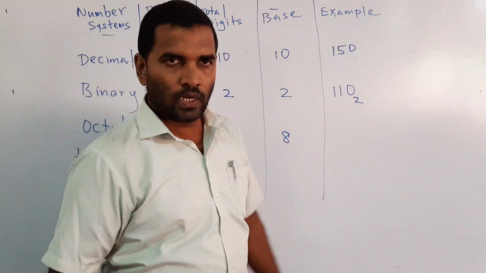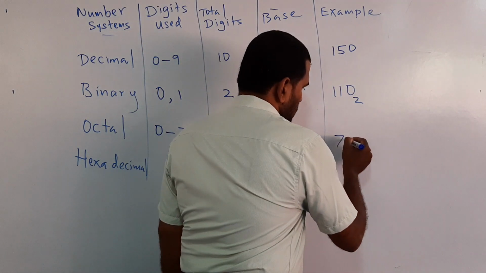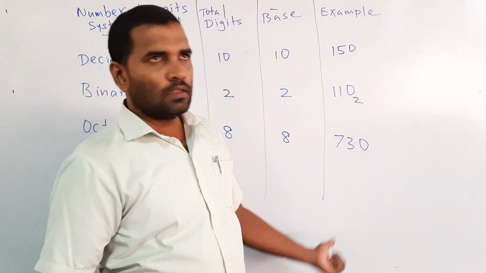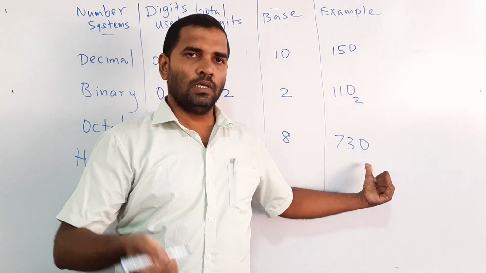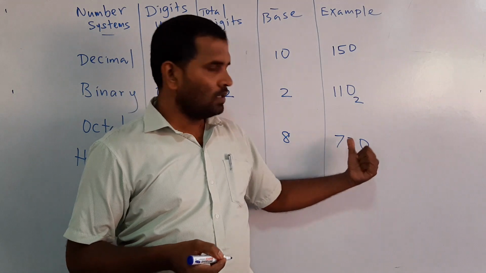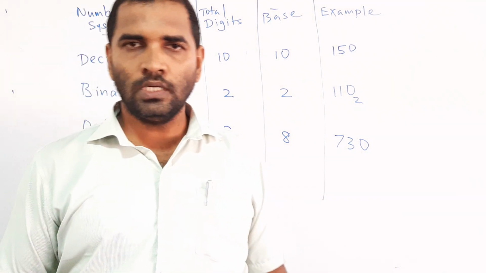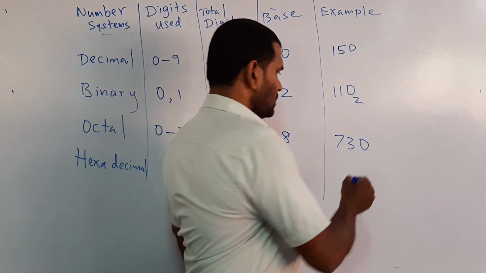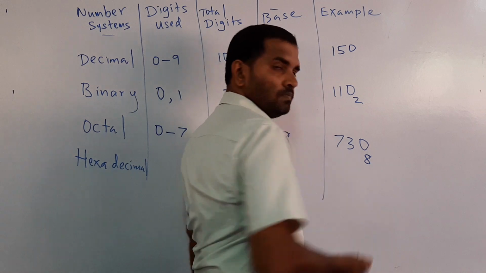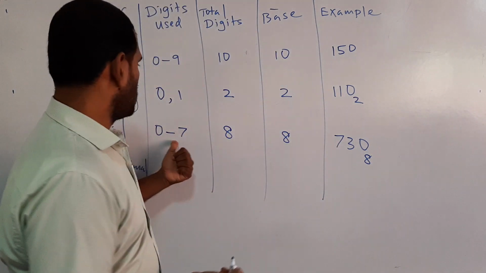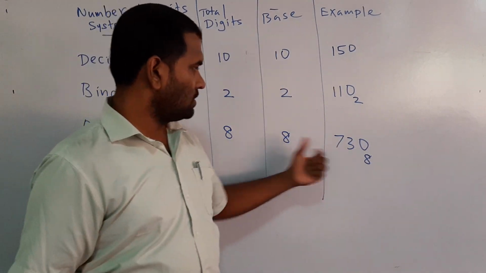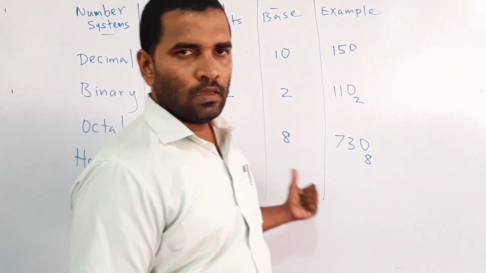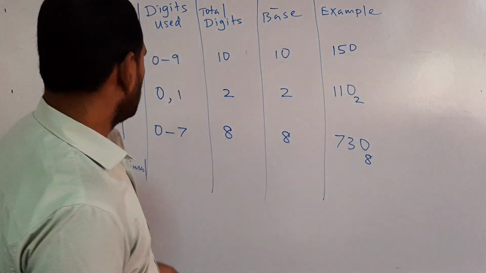Here also I can write one example. 730. Again, if I miss the base, if I forget to write 8 here, it will be read as 730 and it will be a decimal number. So here also make sure that you have 8 here. 7 is a digit, 3 also is a digit, 0 also a digit. So 730 is a valid number in octal.